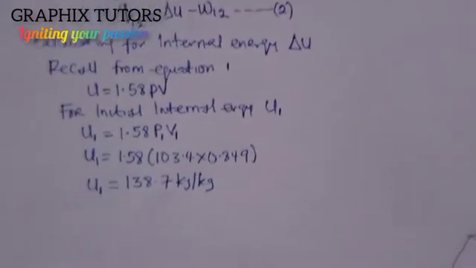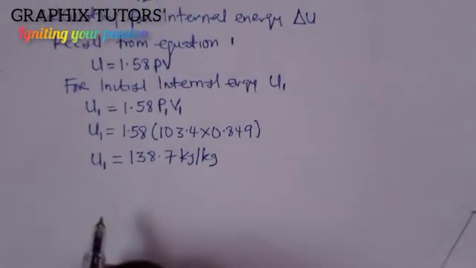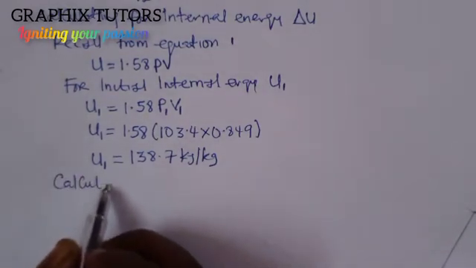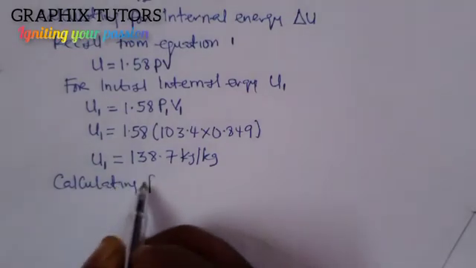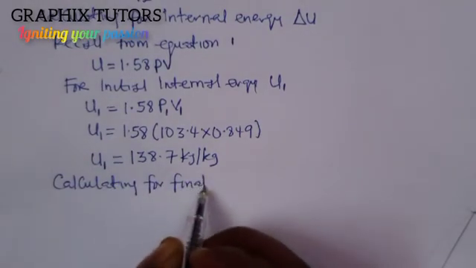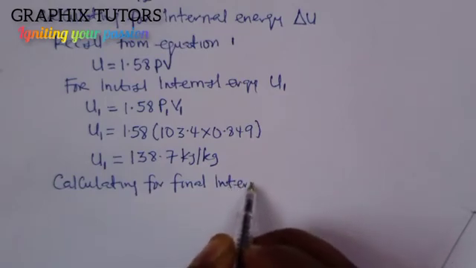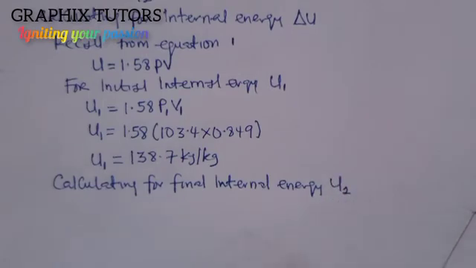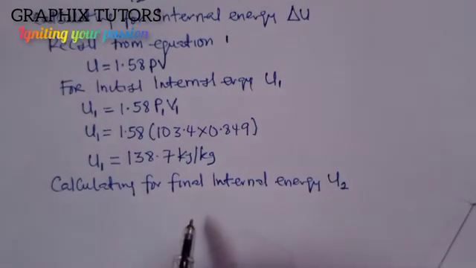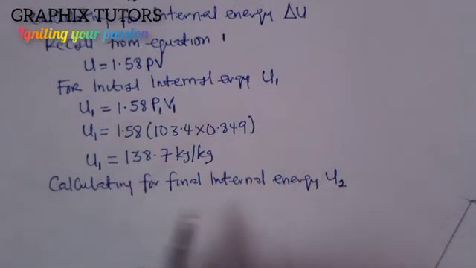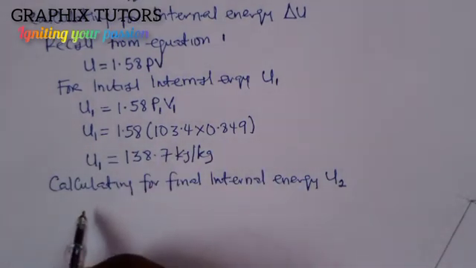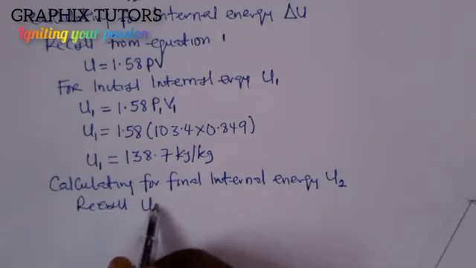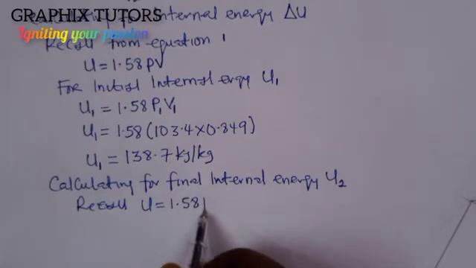Now after we've done that, we're going to be calculating for the final internal energy, that is U2. So we do that from equation 1. Just like we said earlier, U is equal to 1.58 PV.